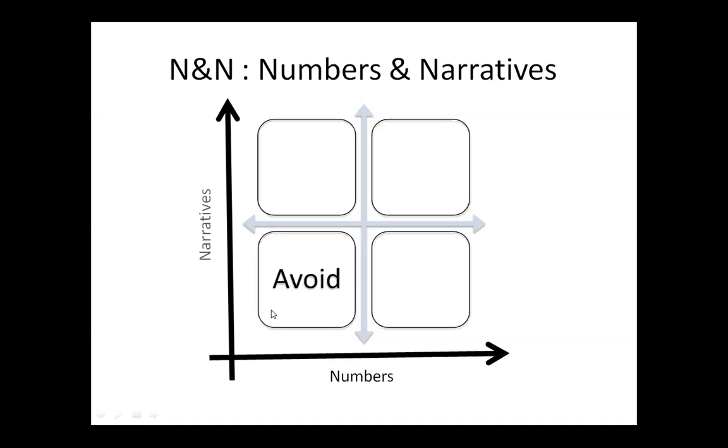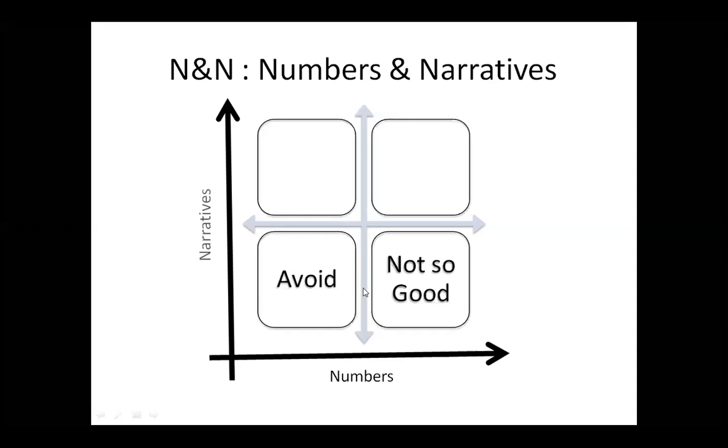If you are low in numbers and low in narrative, this is not done. You are not going to get any valuation for yourself. If you are low in narratives but good in numbers, this is not for a startup, so we are trying to avoid this. This is the place where most of you are, more on narratives and less on numbers, so try to focus yourself here.